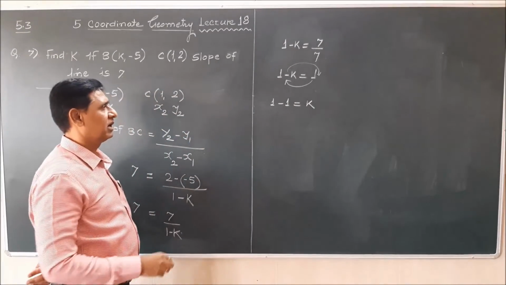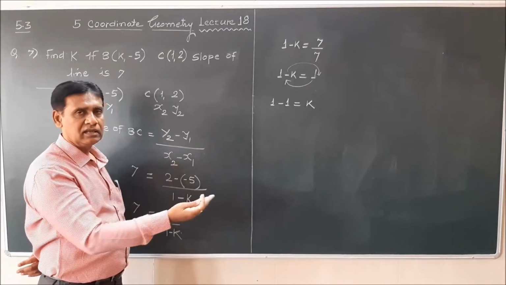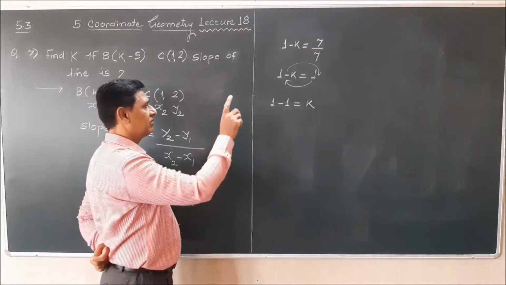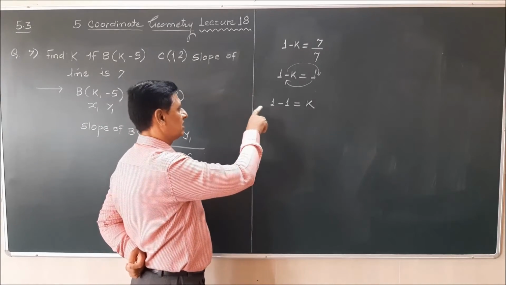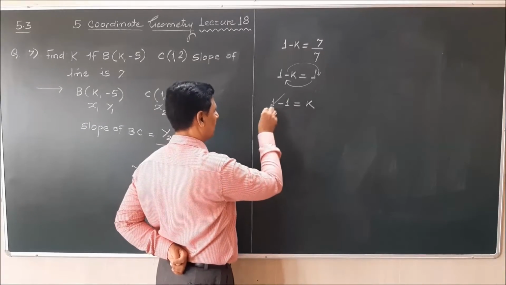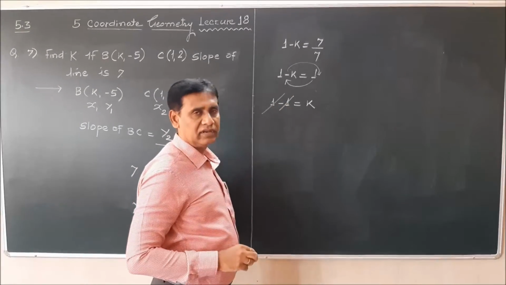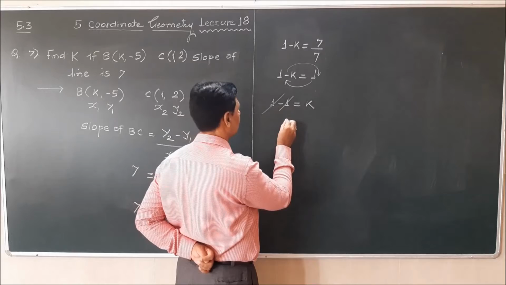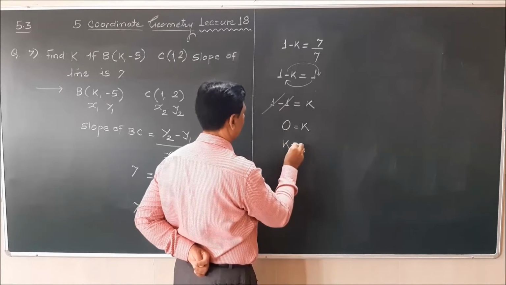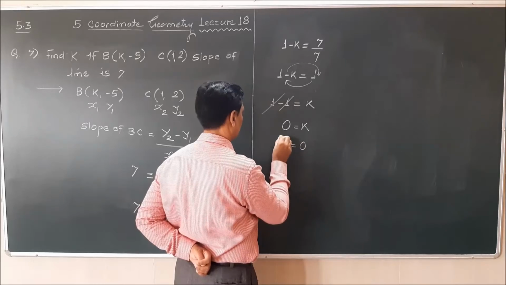I transfer minus k to the right hand side, it becomes plus. Why? I transfer 1 from the right hand side to the left hand side and it becomes minus. So 1 and minus 1 will get cancelled and we'll get the value of k as 0.